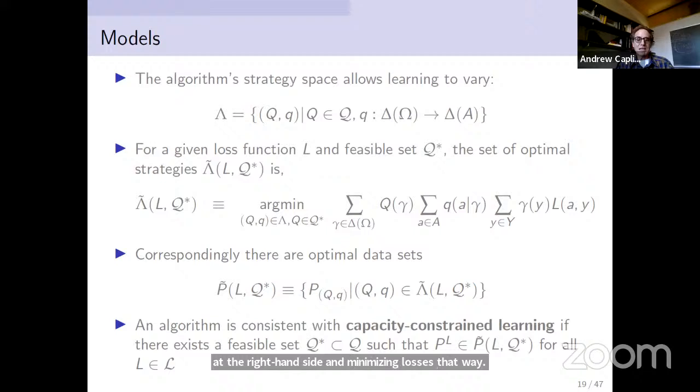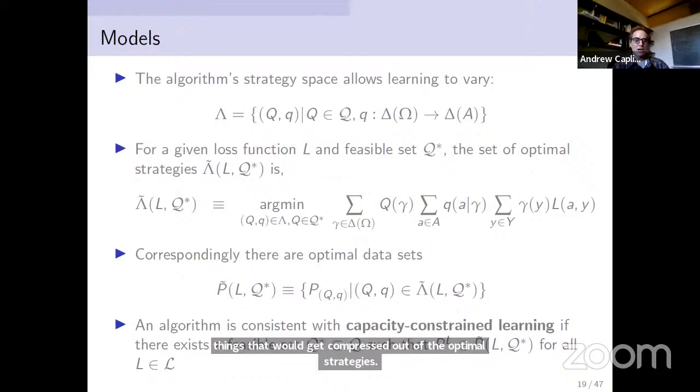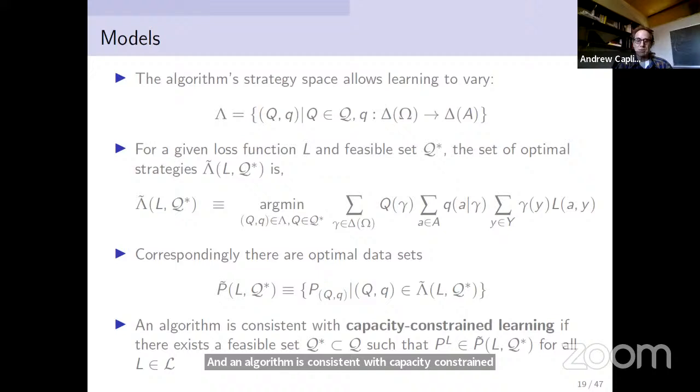Correspondingly, there are optimal data sets, all of the things that would get compressed out of the optimal strategies. And an algorithm is consistent with capacity-constrained learning if there exists some feasible set that would produce the data that you actually see out of the machine as a function of L.